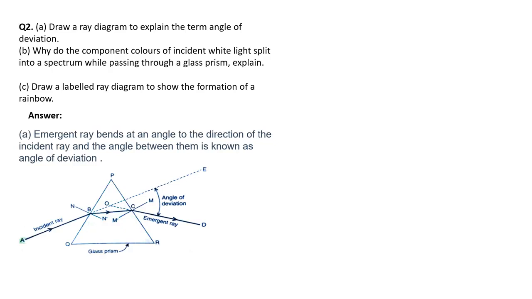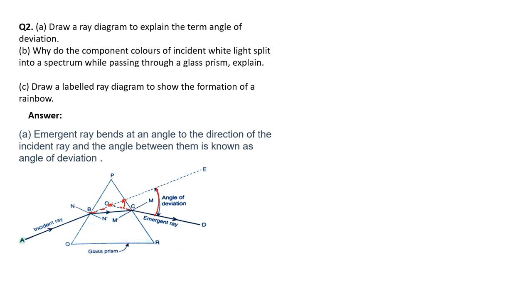When I produce the emergent ray backward and the incident ray forward, they are going to meet over here, and the angle between them is nothing but the angle of deviation. So you have to draw the diagram and show it.